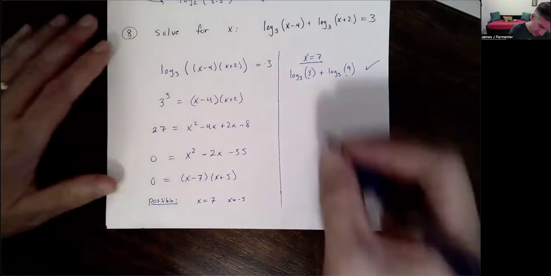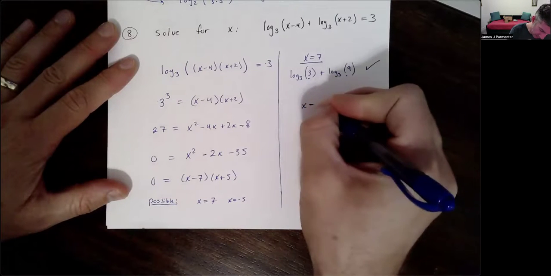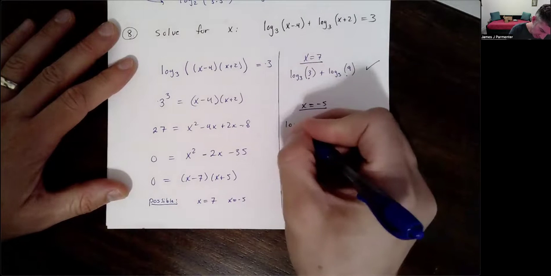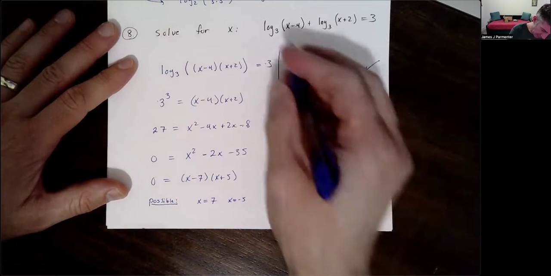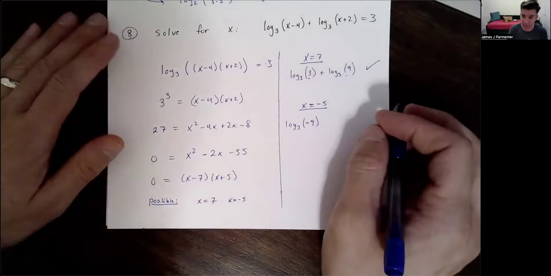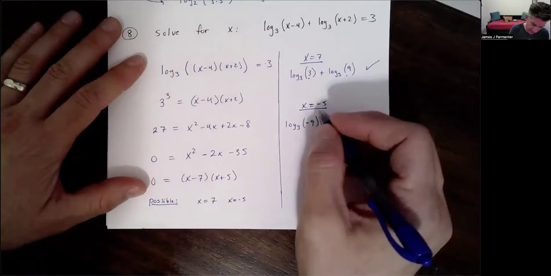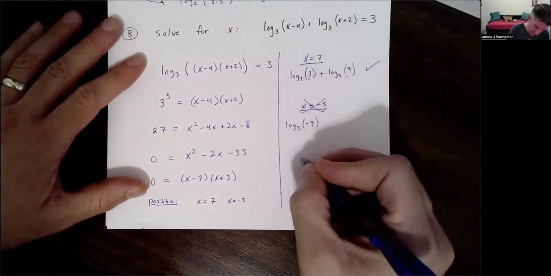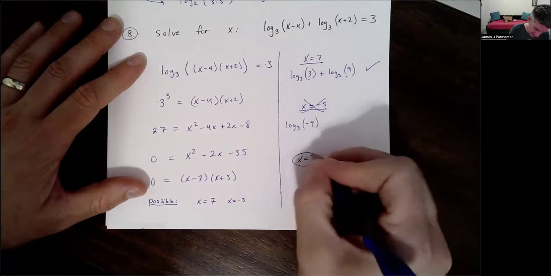On the other hand, if we plug in x equal to -5, I get log base 3 of -5 minus 4, which is -9. And I can stop there. We can't take the logarithm of a negative number, so x equal to -5 is not a solution, whereas x equal to 7 is. So x equal to 7 is our only solution.